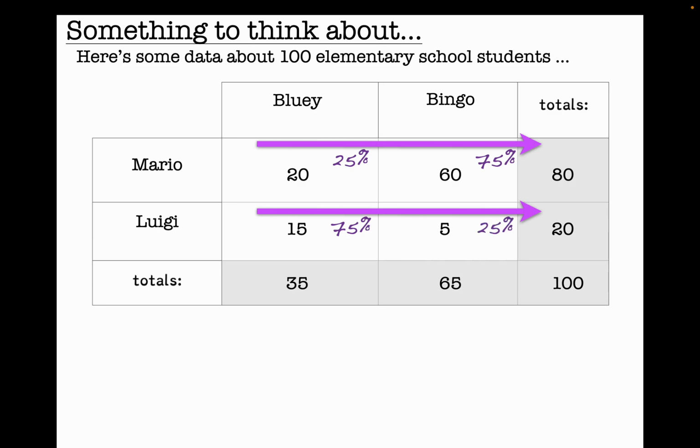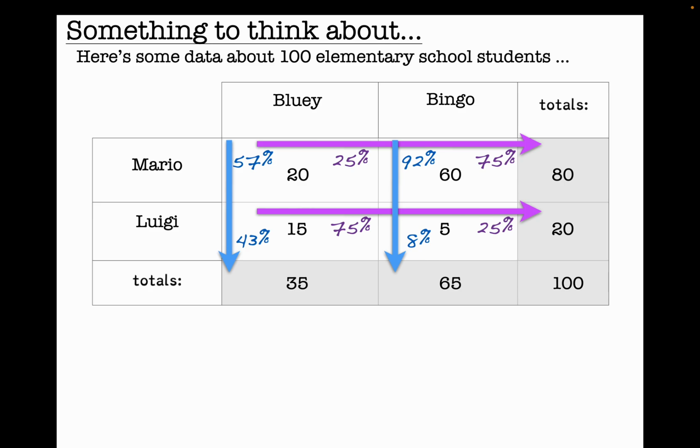You probably want to take a second and see if you understand where those numbers came from. So where did the 57% come from? 20 out of 35, and you can check to see if 20 divided by 35 makes 57%, 60 divided by 65, 92%, etc., etc.